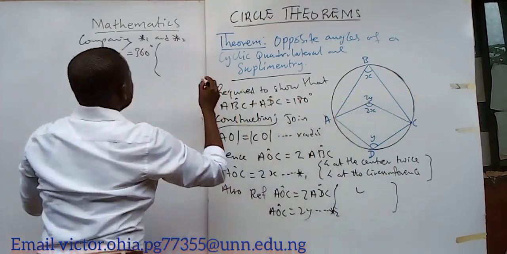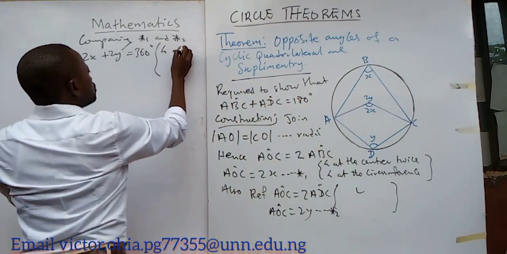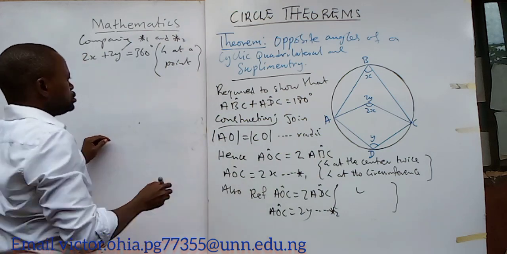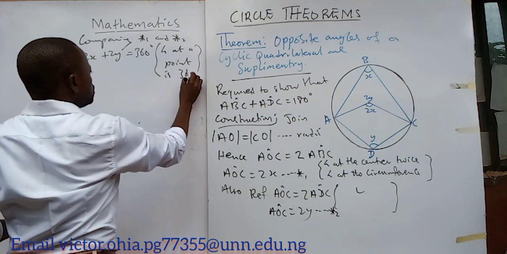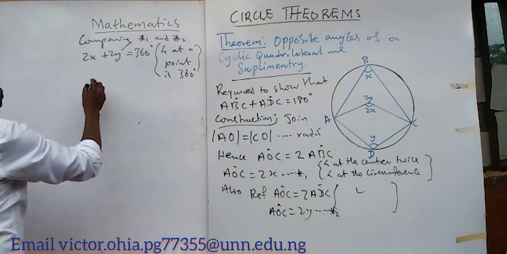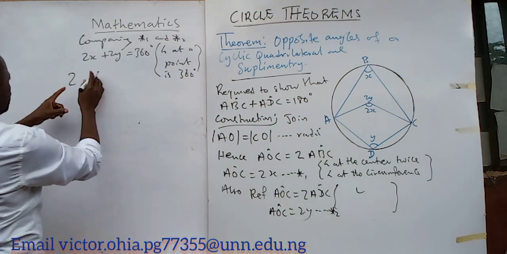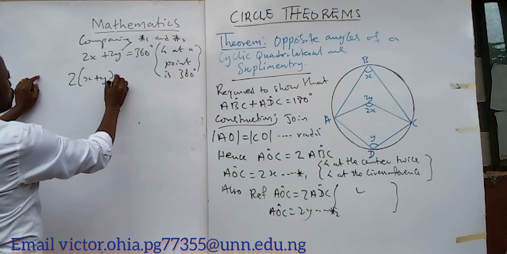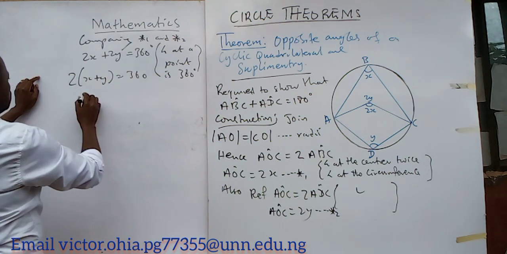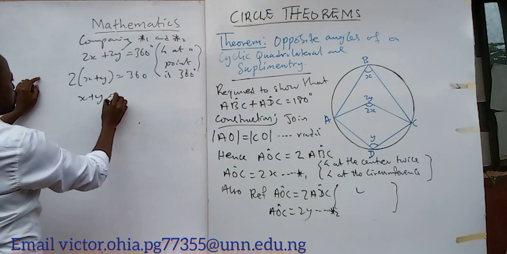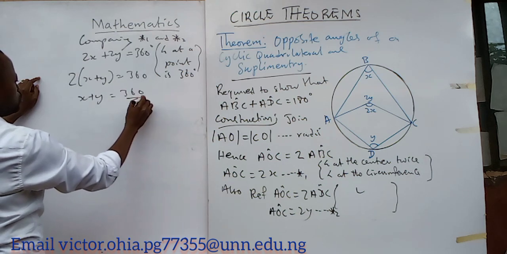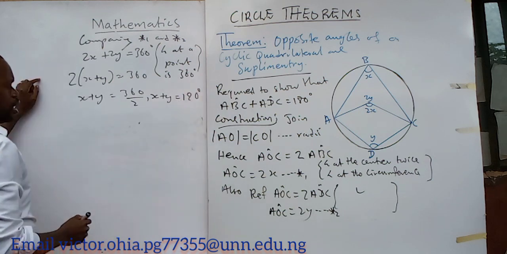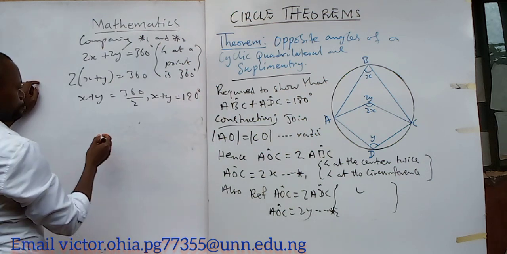Angle at a point is 360 degrees. So you can factor out 2 and have x plus y equals 360 over 2. So x plus y is equal to 180 degrees.